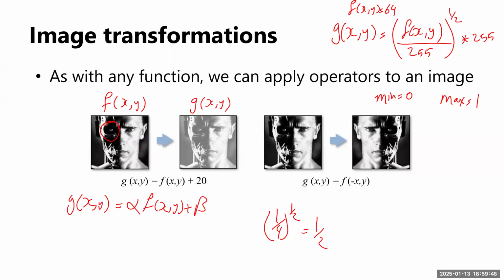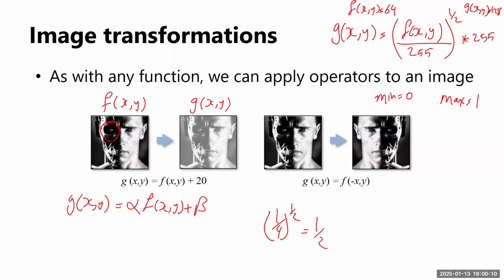Now, after I do this operation, this will be 1/4 becoming half, so it will be 255/2, which is 128. Now, did the value of the pixel increase or not? It was 64, it became 128. So it has been increased.